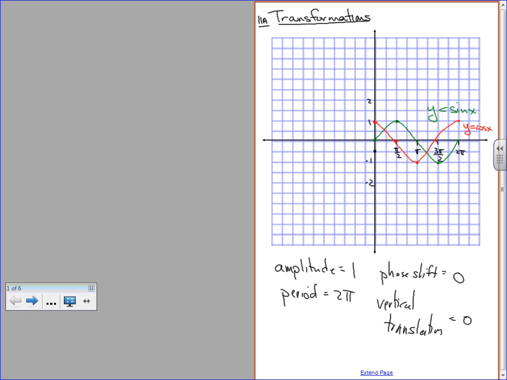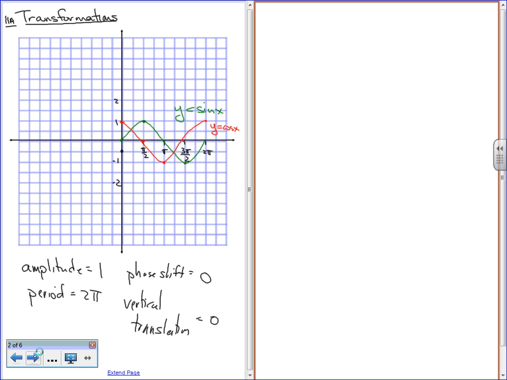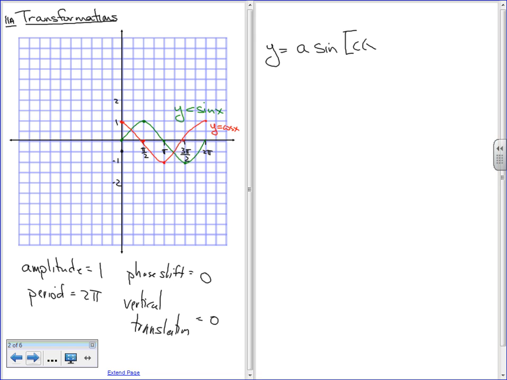So what we're going to be doing is putting these functions through transformations. So we're going to be adding parameters to the sine curve and the cosine curve. So in general, the transformation of the sine curve, again, this is exactly what we did with transformations in Unit 1, 2, and 8, 9, we did log transformations.